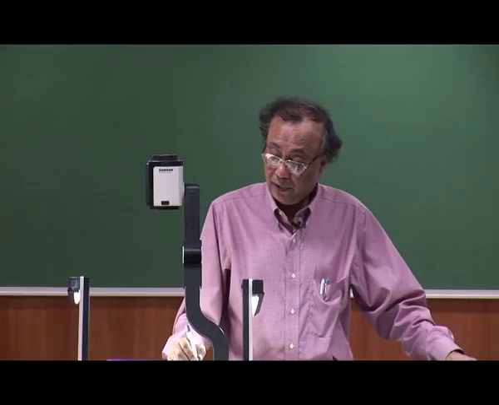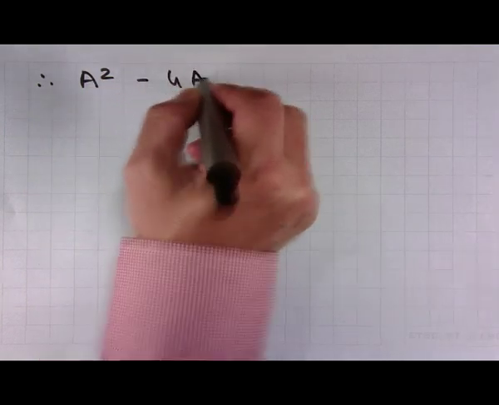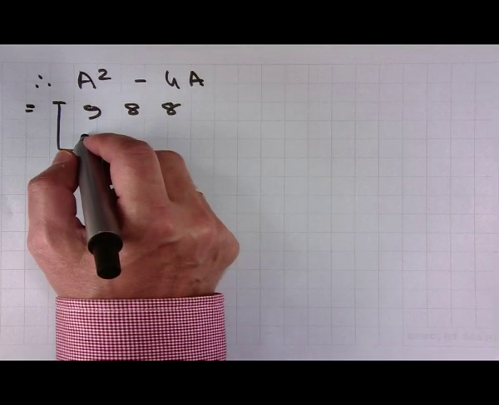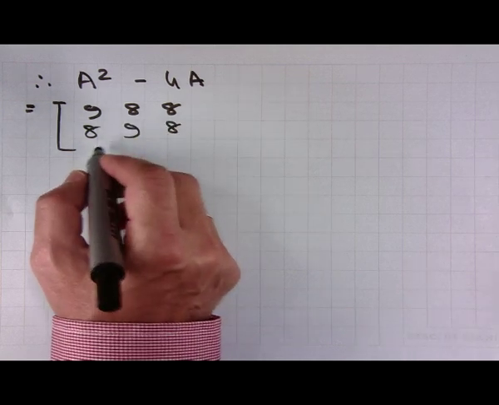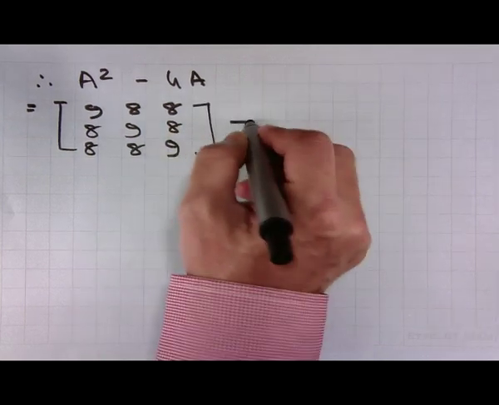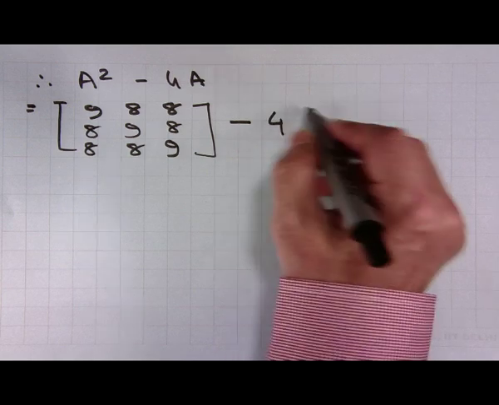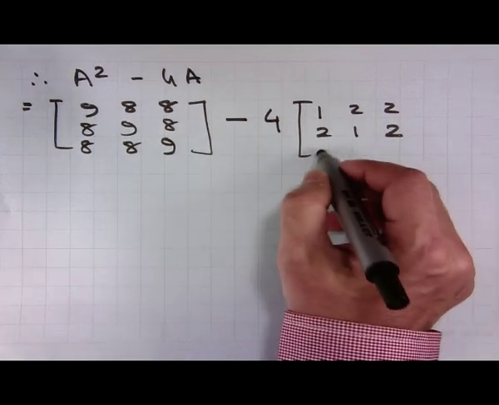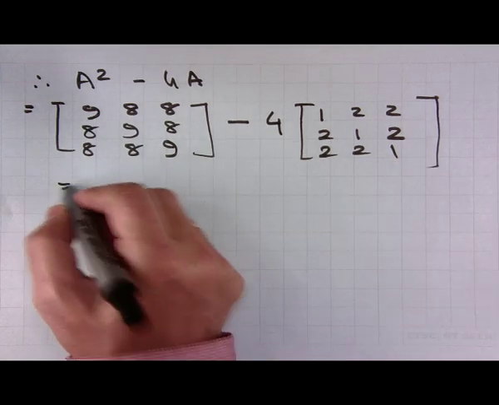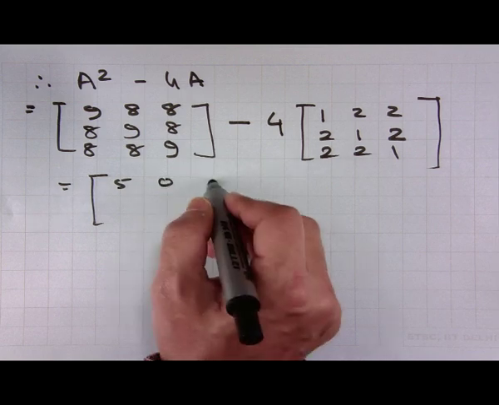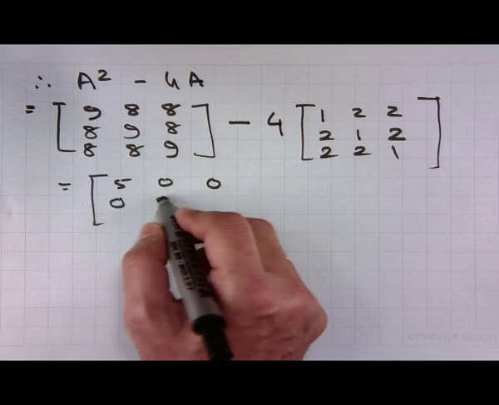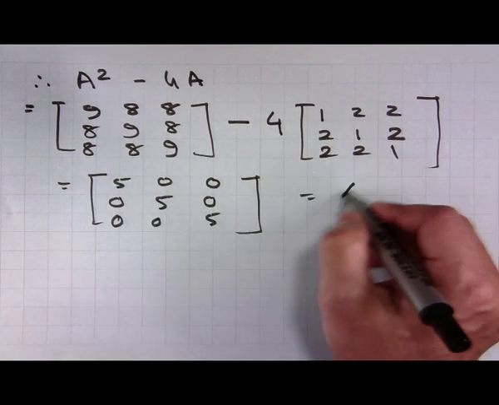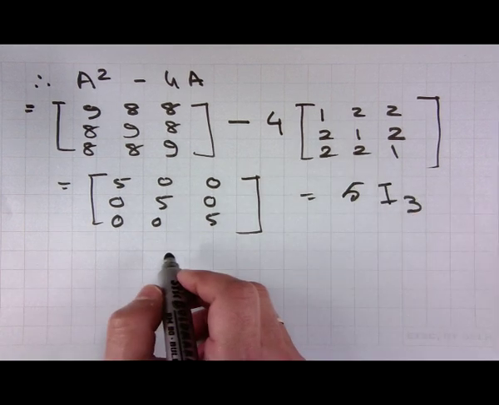Therefore, A square minus 4A is equal to 9 8 8, 8 9 8, 8 8 9 minus 4 times 1 2 2, 2 1 2, 2 2 1, which is equal to 5 0 0, 0 5 0, 0 0 5, which is 5 times the identity matrix of order 3.